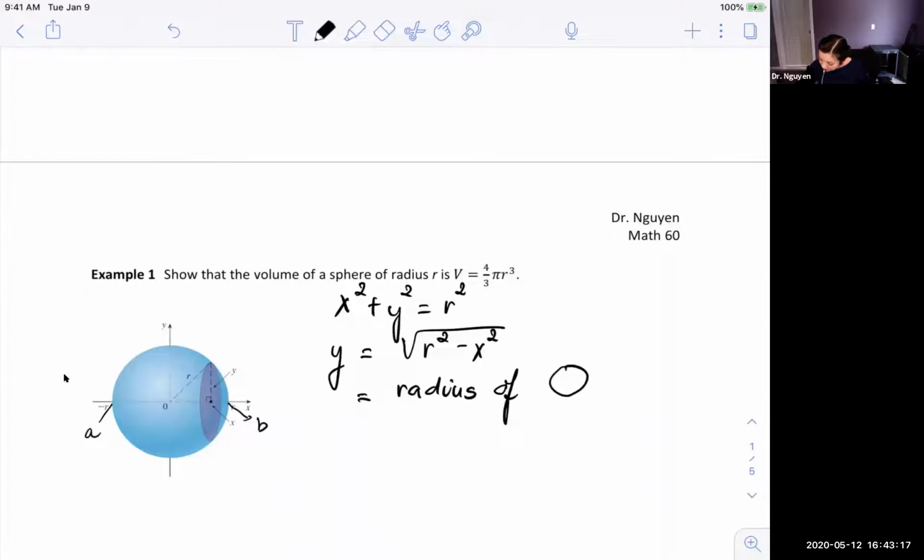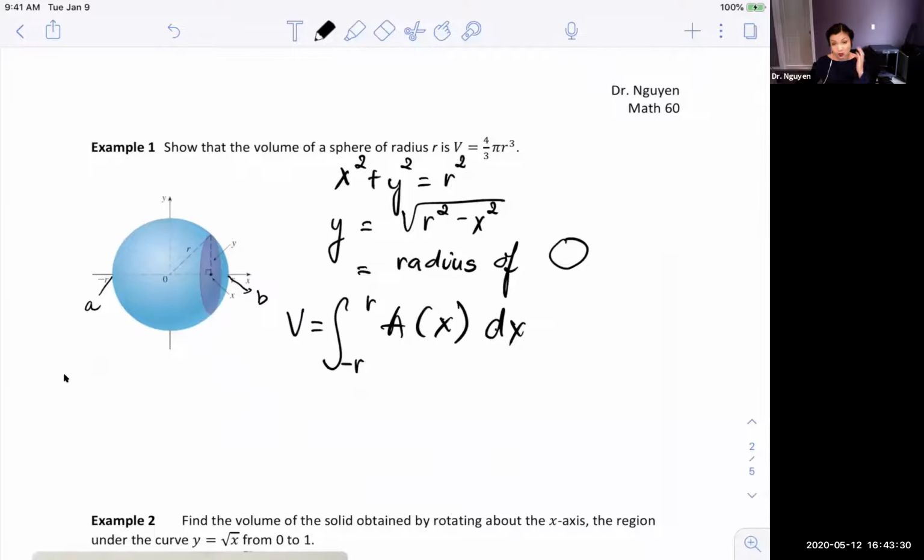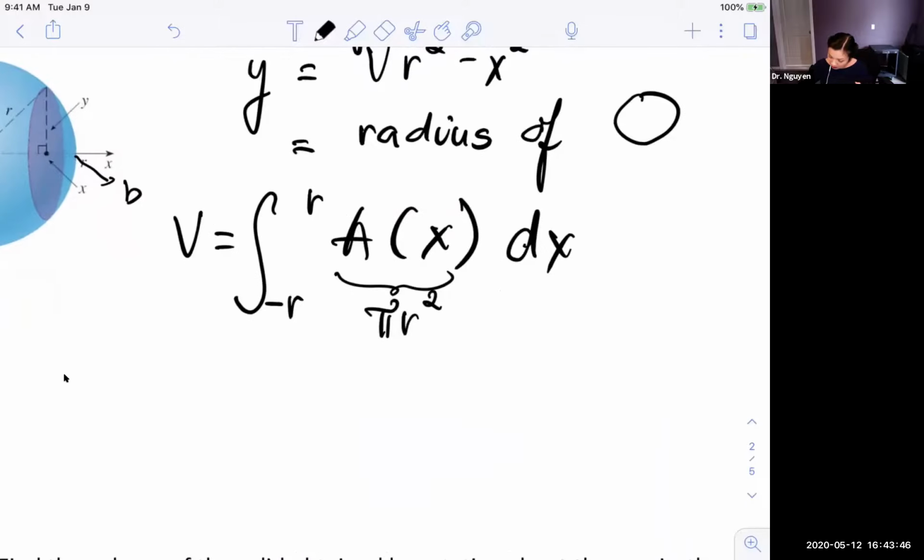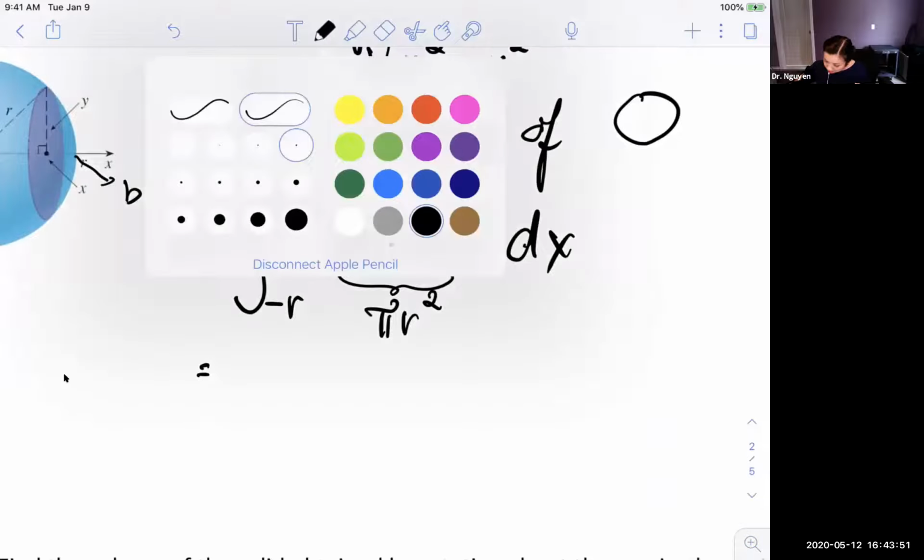I'm gonna take the volume. So the volume is gonna be the integral from negative R to R of A(x) dx, right? But what is the area? The area of a circle is what? The area of a circle is pi r squared, right? So now I'm going to plug it in.